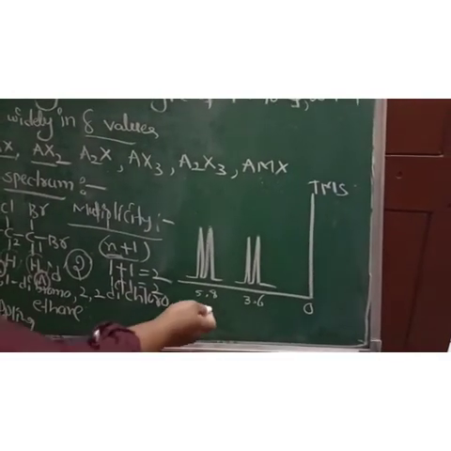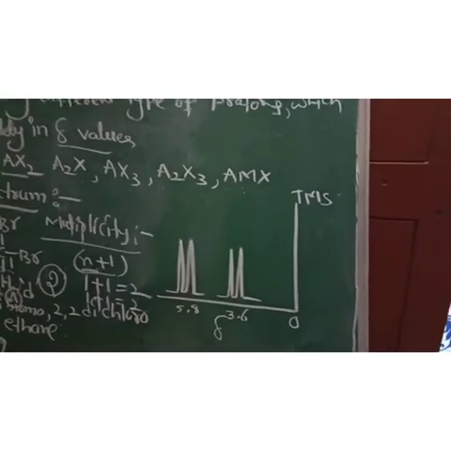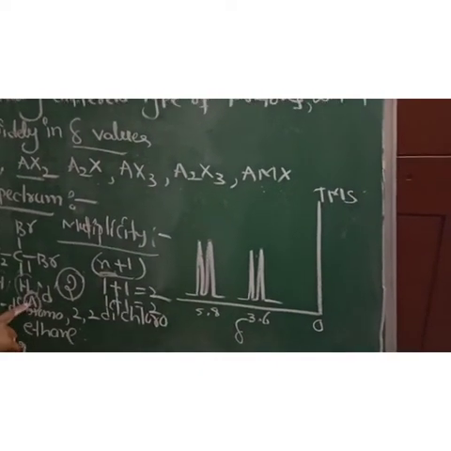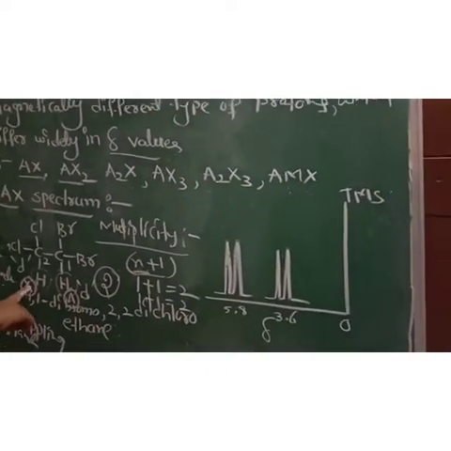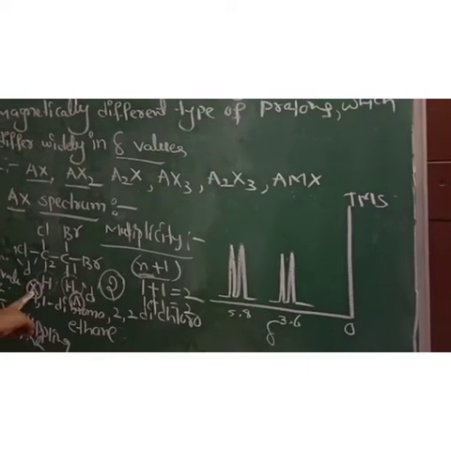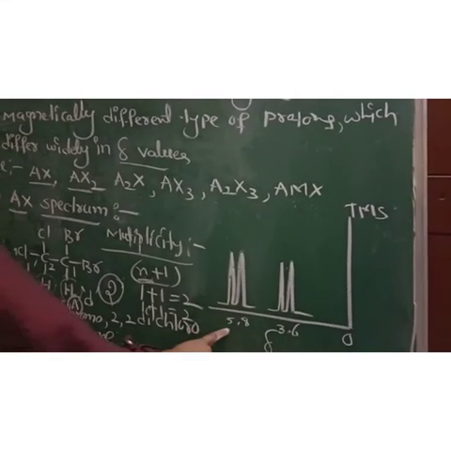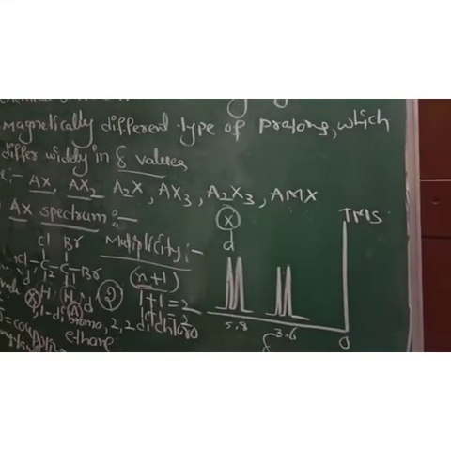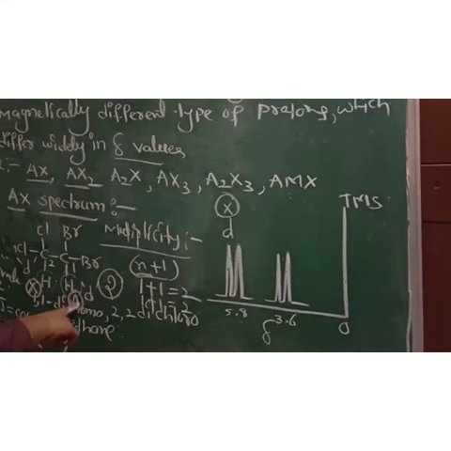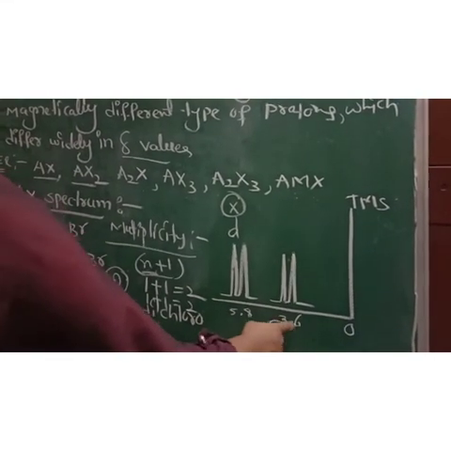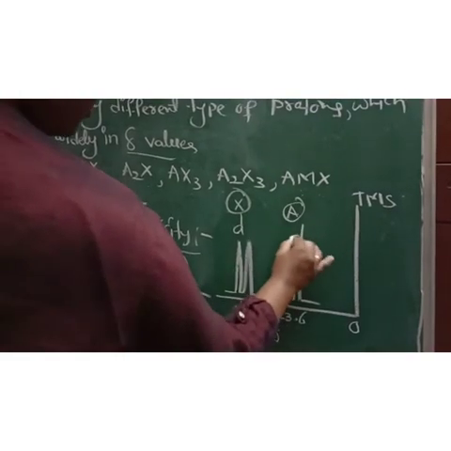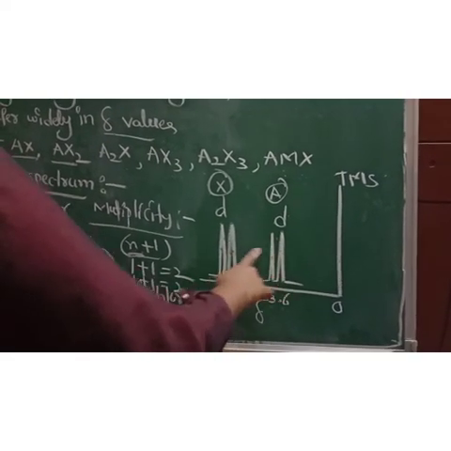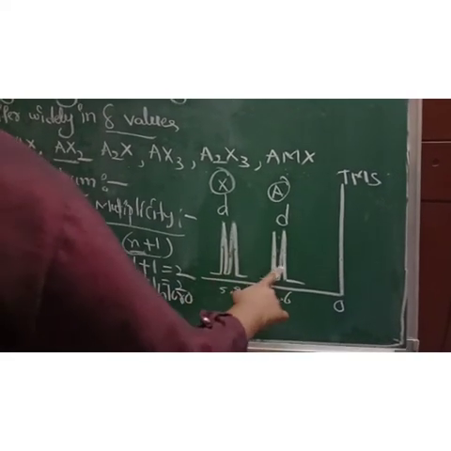Here it is the NMR spectrum with the chemical shift values, and these are equal intensity peaks. The X type of protons give a doublet at 5.8, and the A type of proton also gives a doublet at 3.6. The chemical shift difference between these two signals is very high.